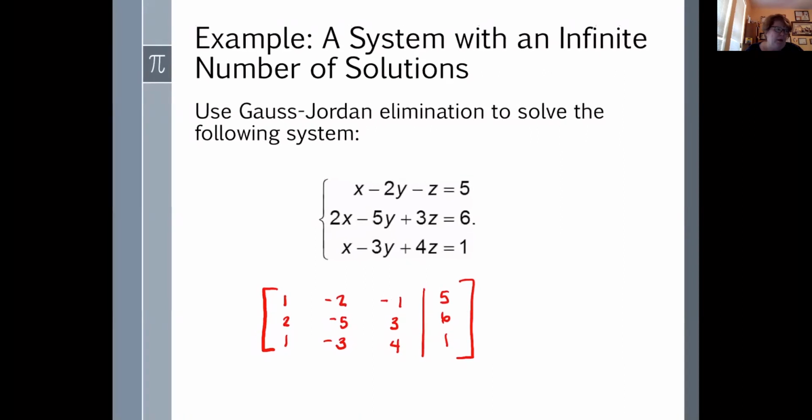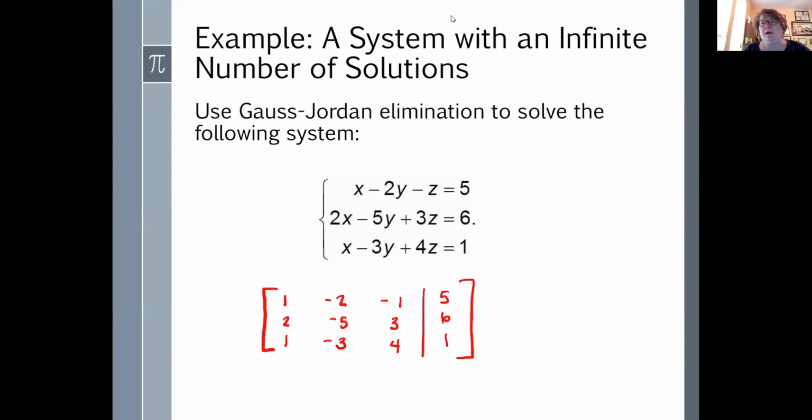So I'm going to take a quick gander here, and make sure that I have it written down correctly. By rows, I should have 1, -2, -1, 5, 2, -5, 3, 6, 1, -3, 4, and 1. And it looks good to me. So now let's see if we can put this in reduced row echelon form.